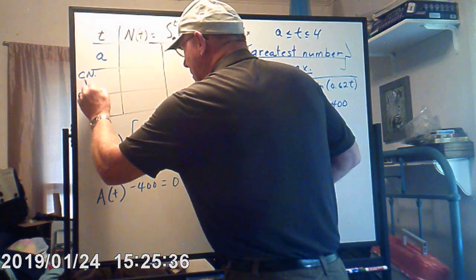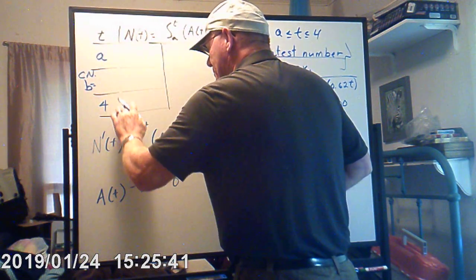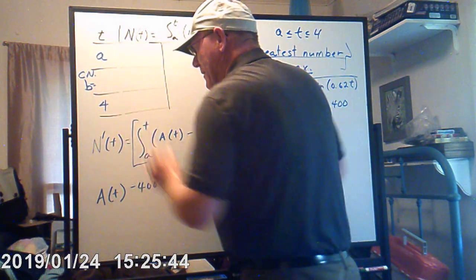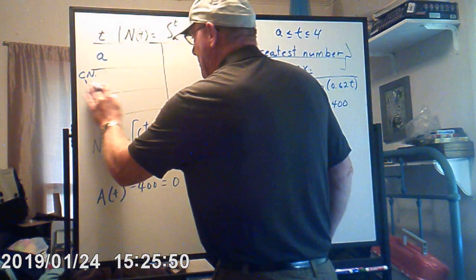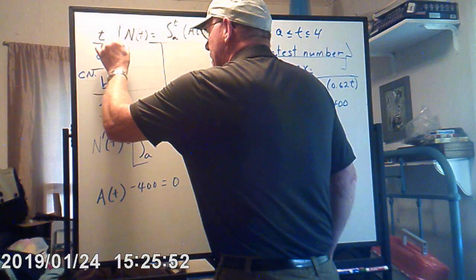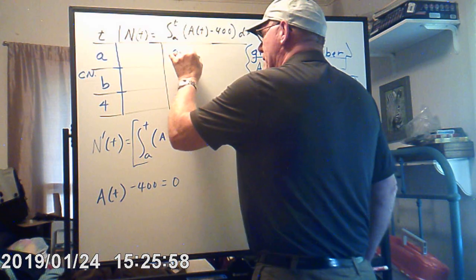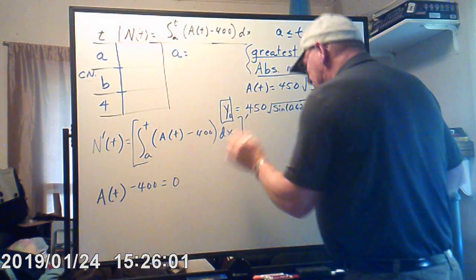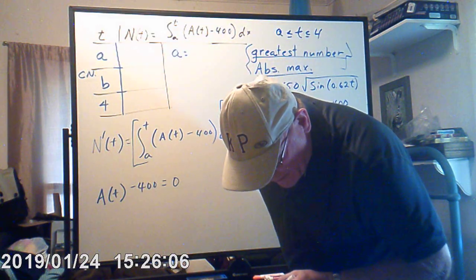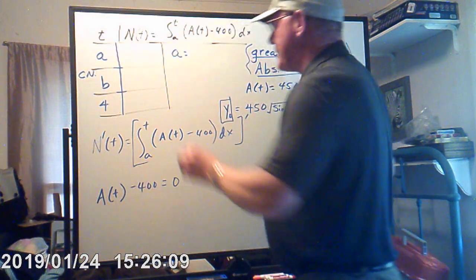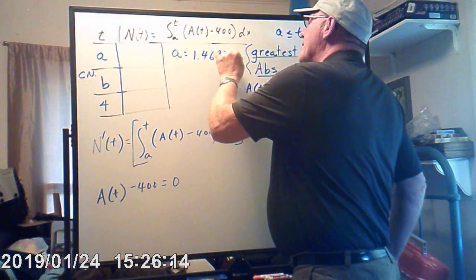Okay, so this is B. I'm going to call this B right here. Let's move this over a little bit. So we can just put B here. Sorry about that. A happens to be, on my calculator, when I hit the word root, I get the number 1.466937.